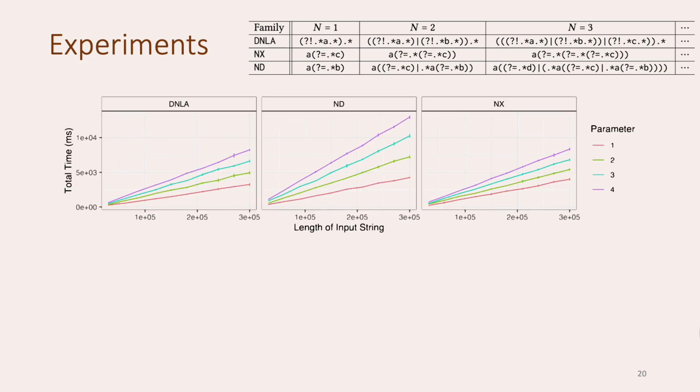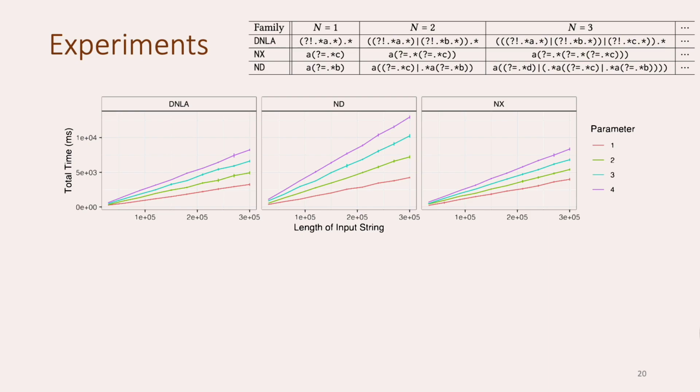In this plot, we have shown the total time taken to process the string given its input length. The different lines in the plot correspond to different values of the parameter. We can see that with the increase in the input string length, the time grows linearly.